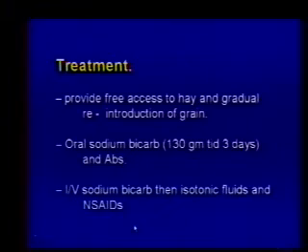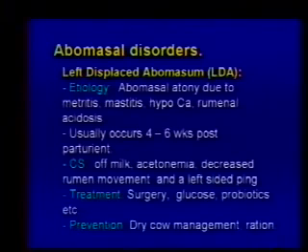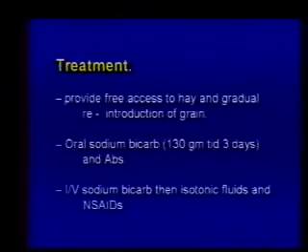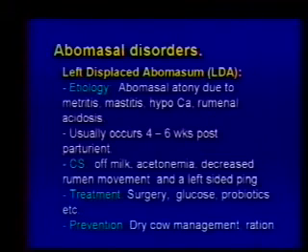We must act quickly to rehydrate the animal, control the acid-base balance, and then offer some buffering relief to the rumen. The prevention for this condition is, again, good nutrition, providing a well-balanced ration, particularly after parturition.